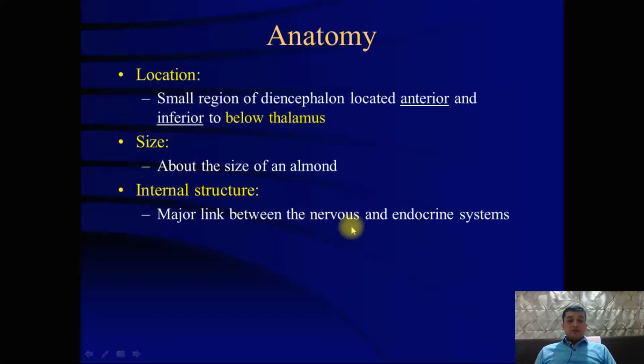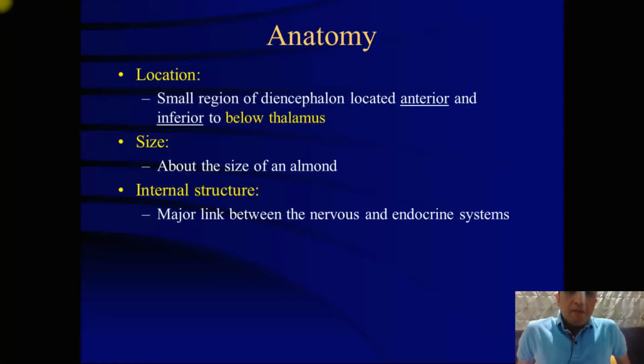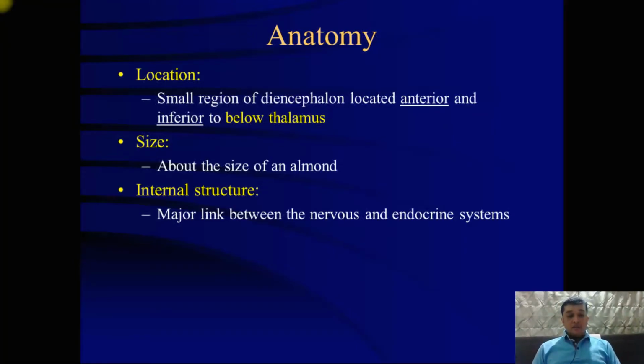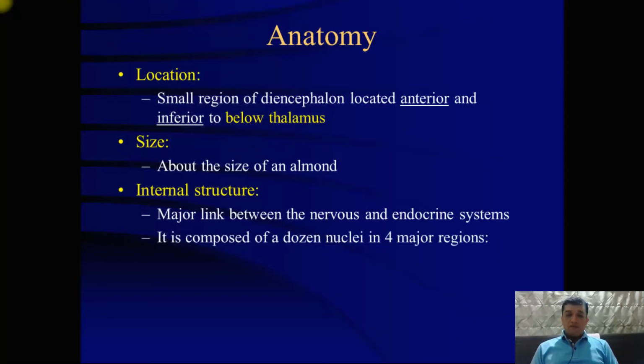The stimuli or impulses received from different parts of the brain in the hypothalamus are converted into an endocrine function, and that is the release of releasing hormone and inhibitory hormone, RH and IH. This RH and IH are able to control the secretions from the pituitary gland. That is how the hypothalamus is able to make these functions happen.